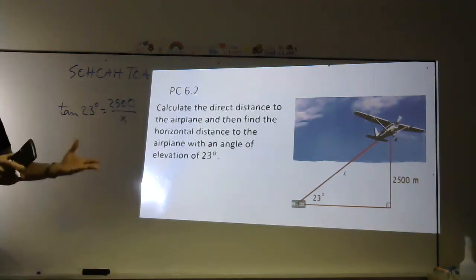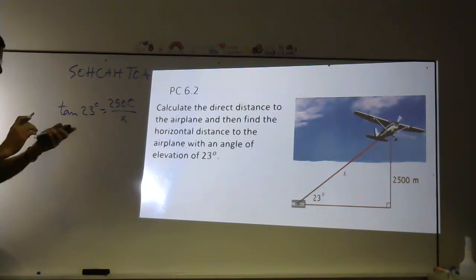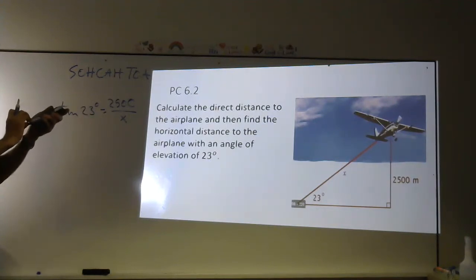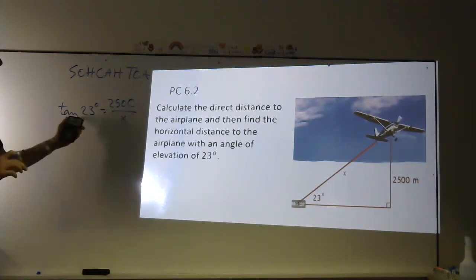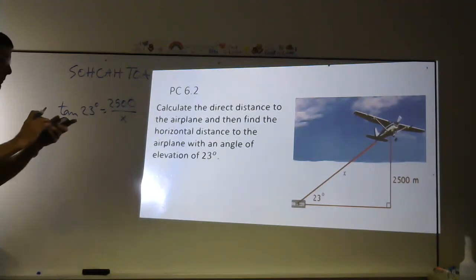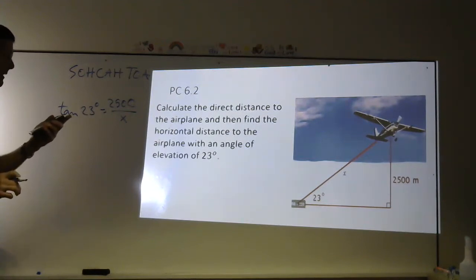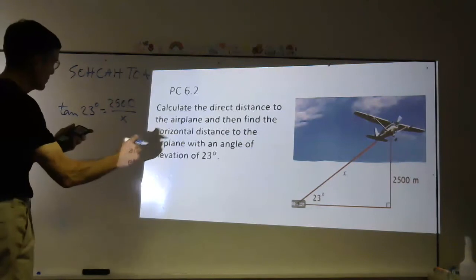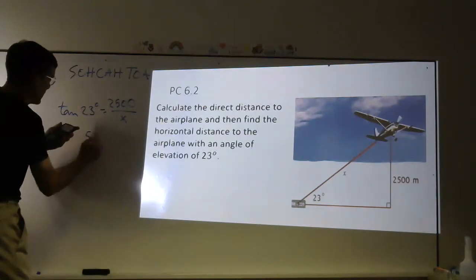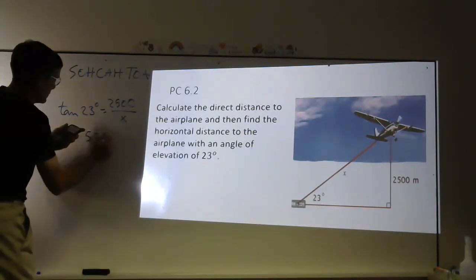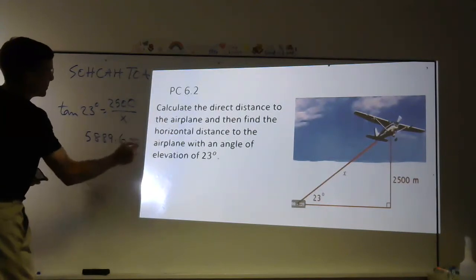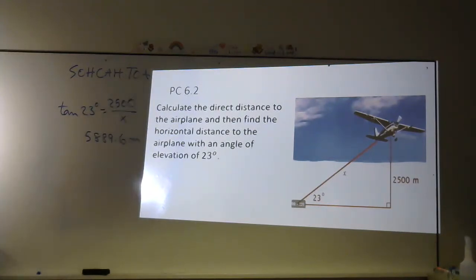You got to end up dividing. So I'm going to just do a shortcut of that. I'm going to take the division right away. 2,500 divided by the tangent of 23. Okay? And I get that the horizontal distance is 5,889.6 meters.